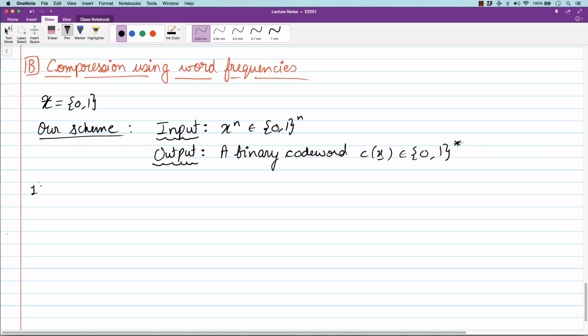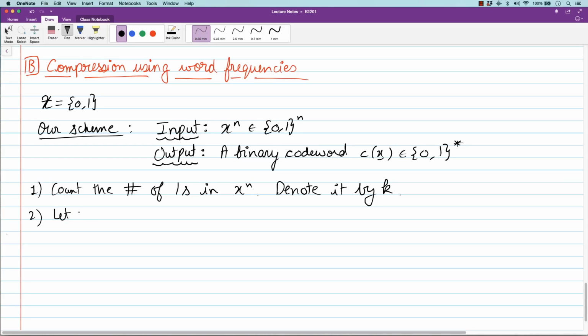So what does the scheme do? In the first step, we count the number of ones in x^n, and we denote it by k. In the next step, we store this count. Then we look at all the sequences with k ones, and we have a list of these sequences, and in that list, all the sequences are ordered.